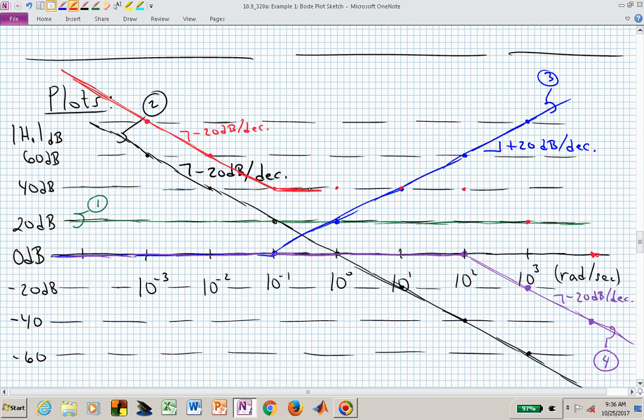Then we have more things kicking in, and we go flat until we reach our second pole, which is individual piece 4, and then that, in combination with the pole at the origin, causes a net slope of minus 20 dB per decade beyond omega equal to 100.